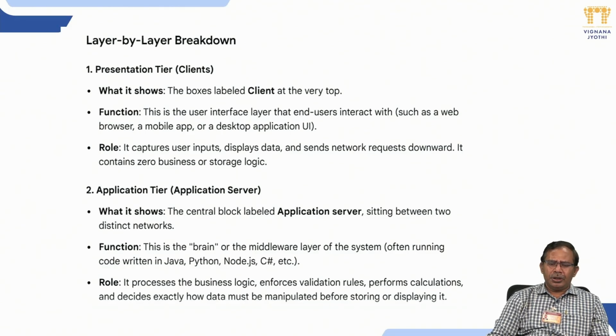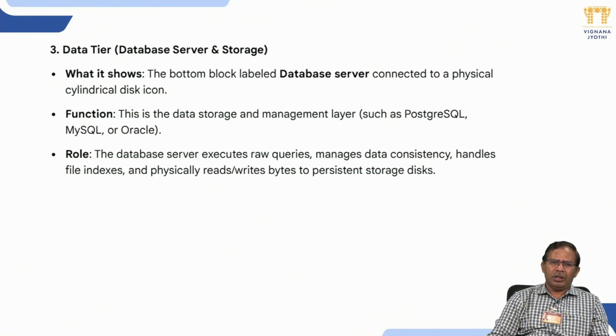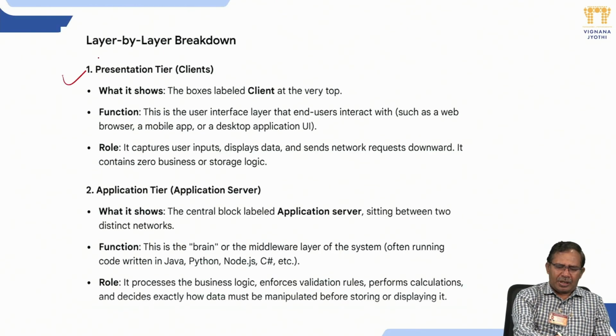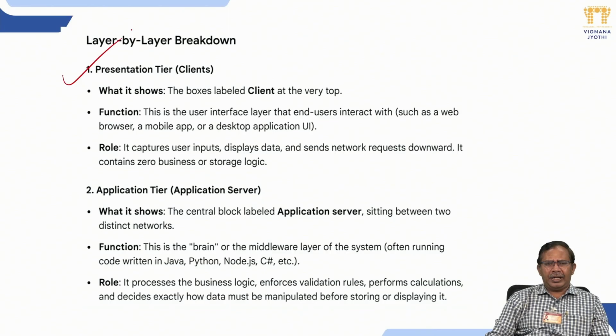So here in this distributed database server environment, we have three layers. One is the presentation tier, second the application tier, and third the data tier. The presentation tier is given for the client. It shows the boxes labeled as clients at the very top. They are the people expecting services from the infrastructure.